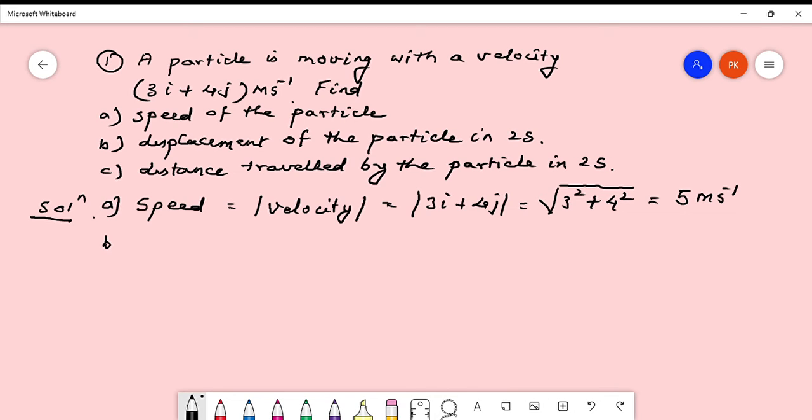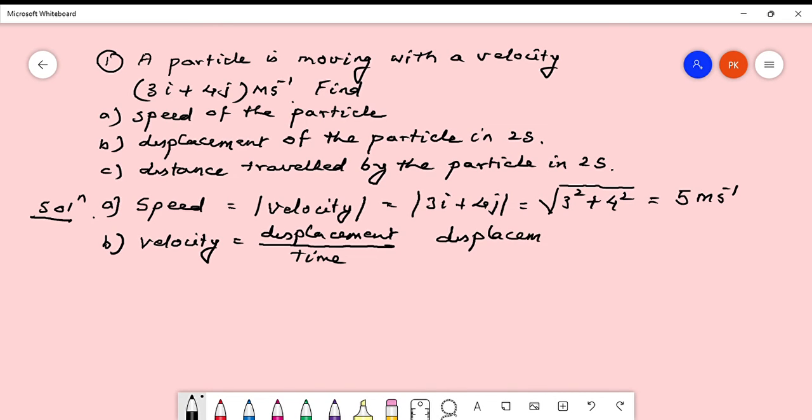Then part B, displacement. Now we know that velocity is displacement divided by time. So displacement is velocity into time.